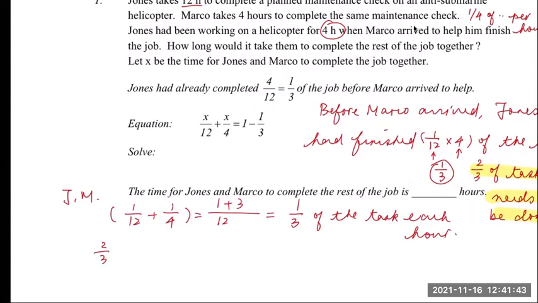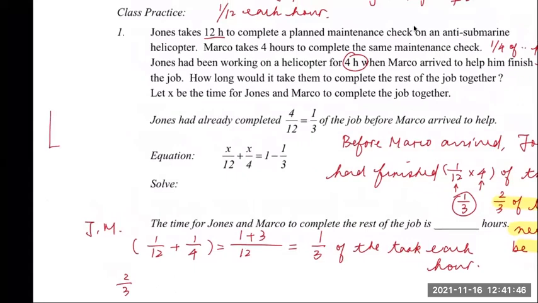So let's draw another little diagram here. We have this much task to be done, and this is 1/3 of the task. This part of the task was completed by Jones alone.